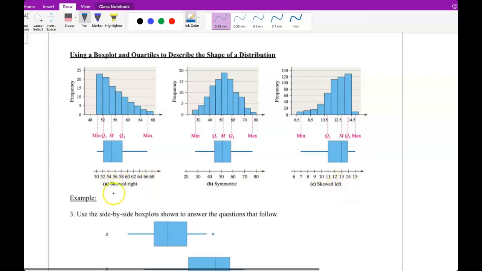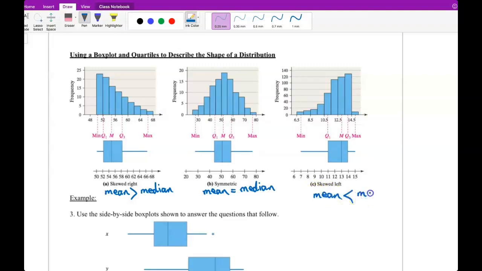Remember that when we had skewed right, mean was greater than median. For bell-shaped, or here we have symmetric, mean is equal to median. For skewed left, mean is less than median.